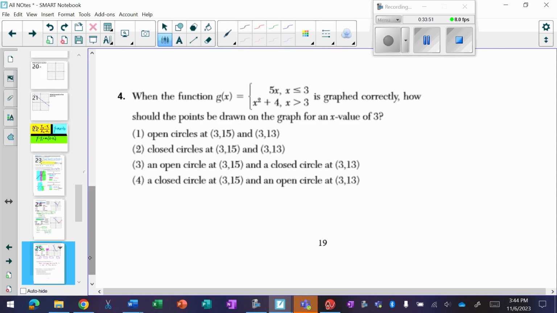And finally, our Regents multiple choice question. When the function g of x equals 5x when x is less than 3, or x squared plus 4 when x is greater than 3, when it's graphed correctly, how should the points be drawn on the graph for an x value of 3? When x is 3, it'll be a closed circle there.